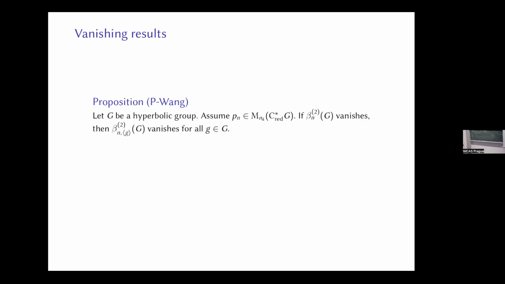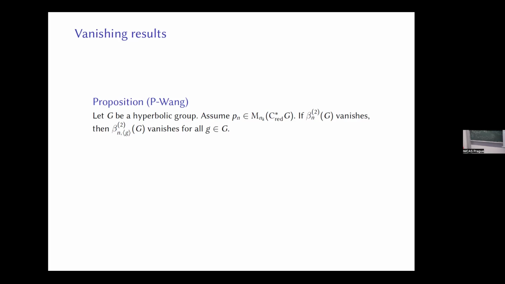Let us see some sample vanishing results. If G is a hyperbolic group, and Pn exists inside matrices over C* reduced, then if the nth L²-Betti number vanishes, the delocalized one vanishes as well. Why? We define this as the von Neumann dimension of the reduced cohomology, and reduced cohomology defines our higher Kazhdan projection.